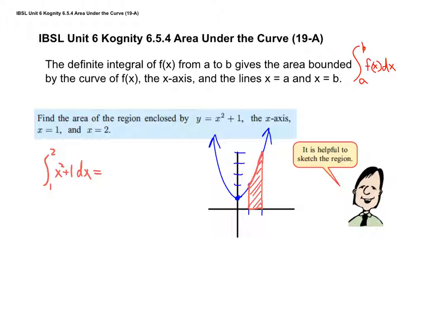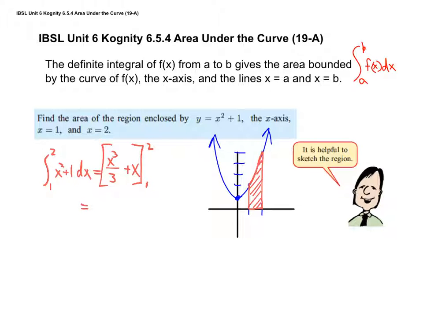So, what's the integral of x squared plus 1? 1/3 x cubed plus x. Good. And I'm going to evaluate that from 1 to 2, using our fundamental theorem of calculus.